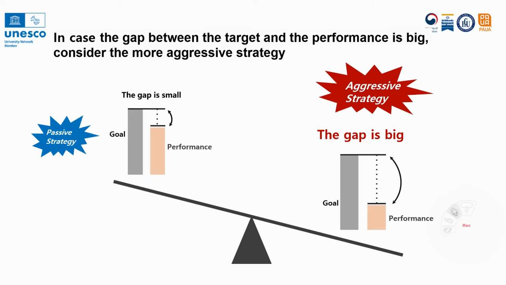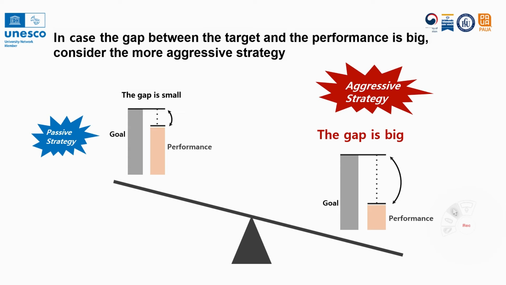When we pursue the aggressive strategy, there will be more risk of failure at the same time. But the strategy is something we are pursuing effectively and efficiently to achieve the target goals. So to achieve the stretched goal, the aggressive strategy should be the best option we may pursue.